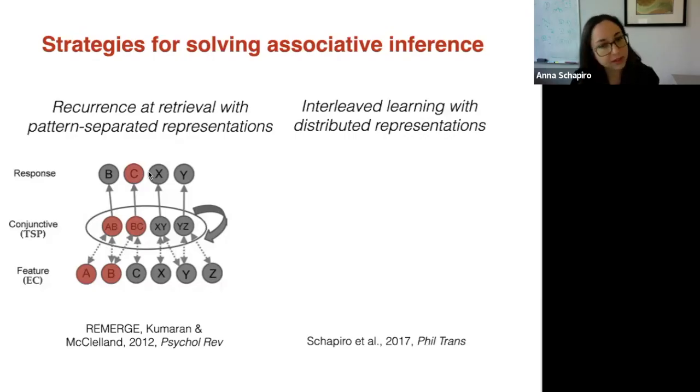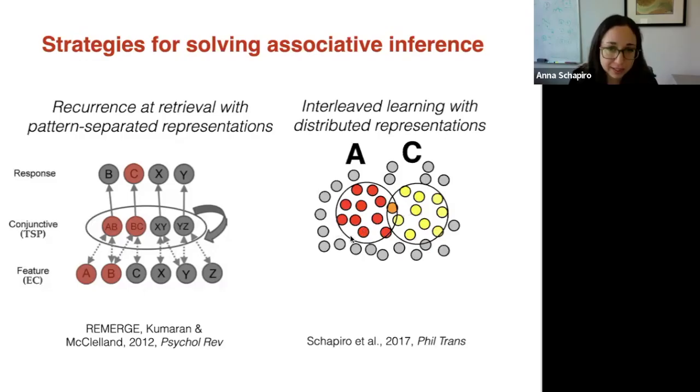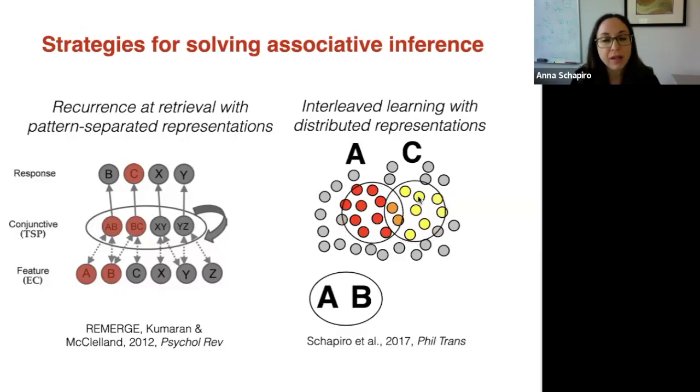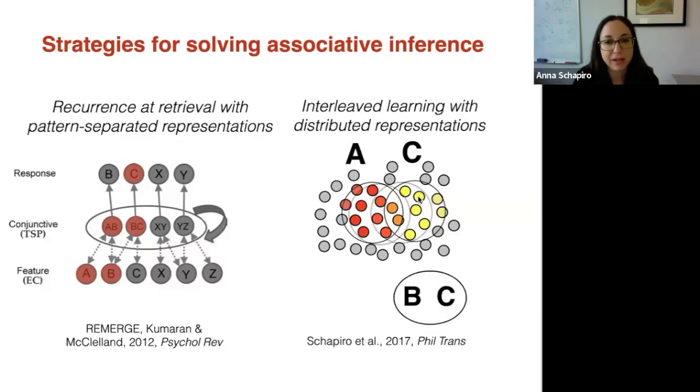That's very different than the strategy that I've been talking about, which is, you could do interleaved learning to build up a distributed representation that directly represents the overlap across these related experiences. So here the idea would be you have your A and your C representation. Maybe they start off with some overlap. And then as you go back and forth between studying AB and BC, there's pressure to push those representations closer together because they share that B item in common.